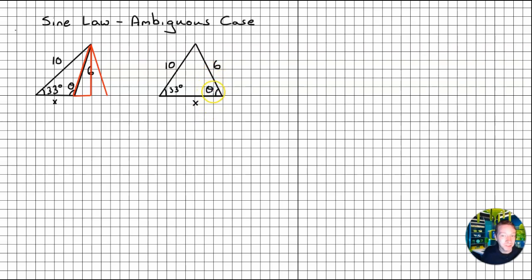One of them is going to be an acute angle and one of them is going to be an obtuse angle. And you can get both possibilities because if you remember our CAST rule, C-A-S-T, sine can be positive in both quadrants 1 and 2. So this is something we have to consider when using the sine law.